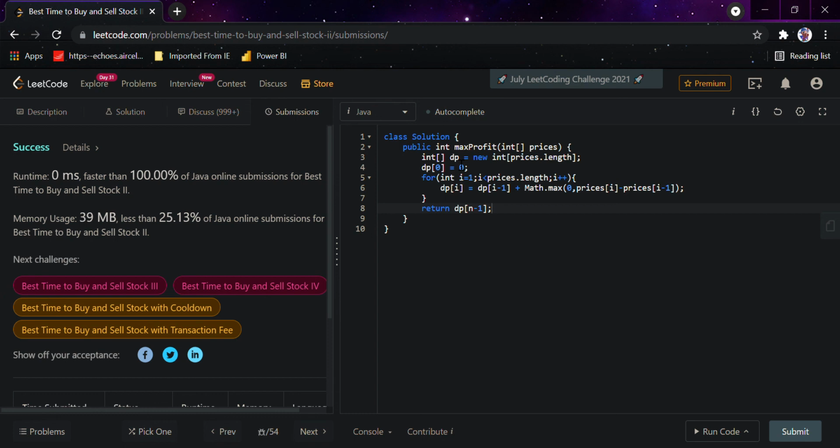Basically, what we are doing is storing the profits in a different array. Okay, I just didn't declare the variable i, so I would write int i equals 1 in the loop up to prices.length, and it would work. So I would just run it now. I guess it should work.